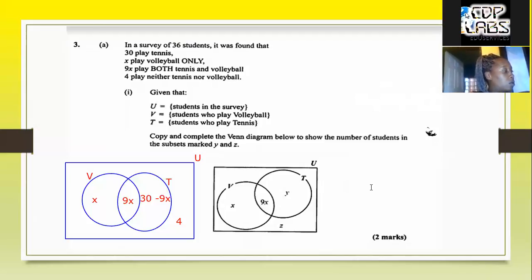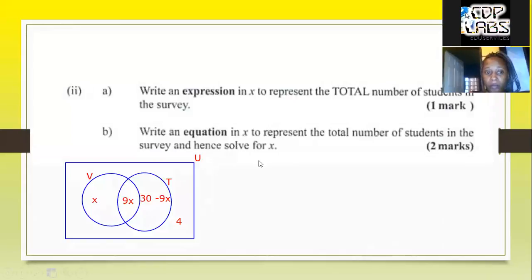Yes. Okay, let's proceed now. This is the other part of it. Write it down.